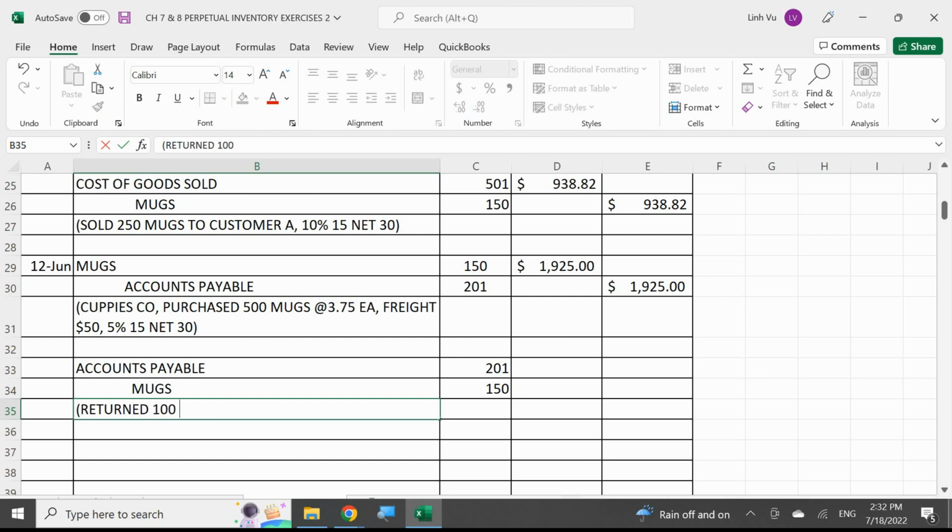100 large mugs, right? What is my current cost that I purchased them originally at? How much did it cost me to buy these mugs? How much did I purchase them at? $375. Yes, because again, we opened our new batch of inventory, so these two are related to each other because that's the first thing you got to do as an inventory manager.